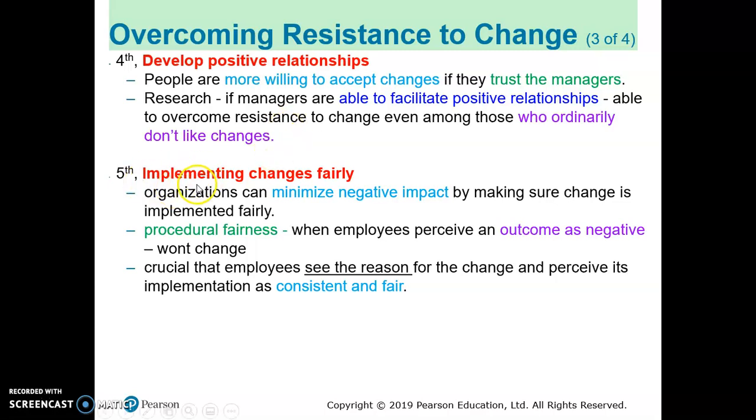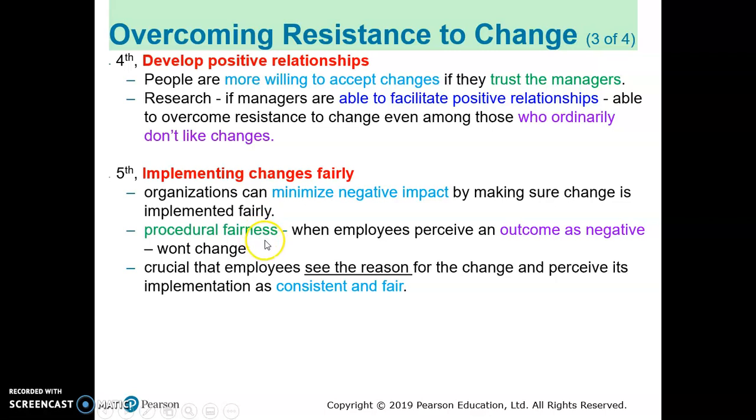And the fifth one is implementing changes fairly. If the organization implements the changes in a fair way, in a just way, it could minimize the negative impacts of change. According to procedural fairness, when employees perceive the outcome as negative, they won't want to change.